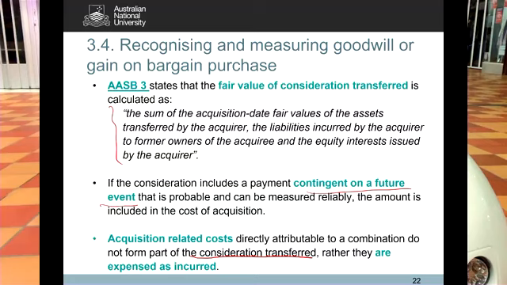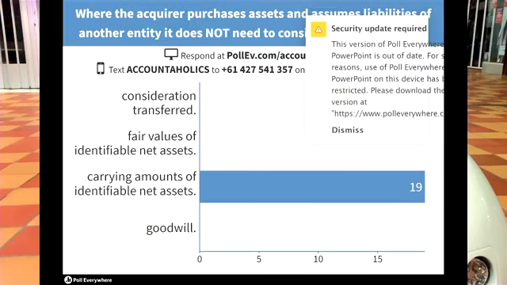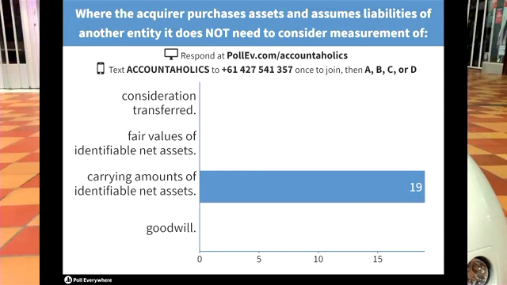Those look like directly attributable to this combination. But in a business combination, they will just be expensed. Okay? Be clear, they will just be expensed. They will not be treated as part of the consideration transferred. I'll show you an example in a second, so don't worry much if you haven't got it clearly.